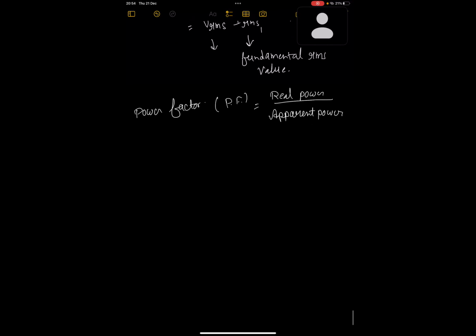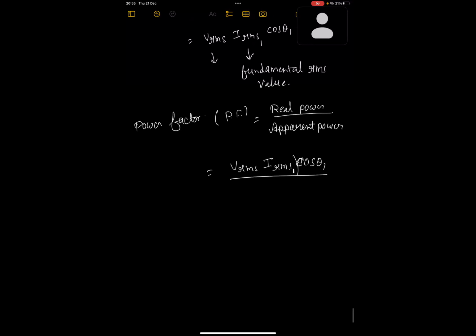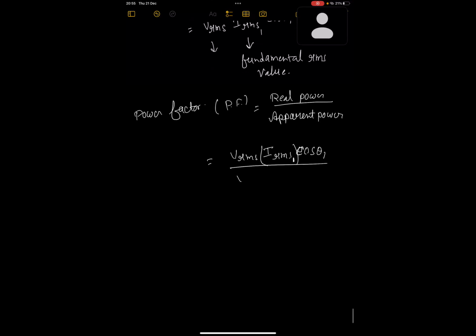The real power is V RMS I RMS cos theta 1, and you know apparent power is nothing but V RMS I RMS.